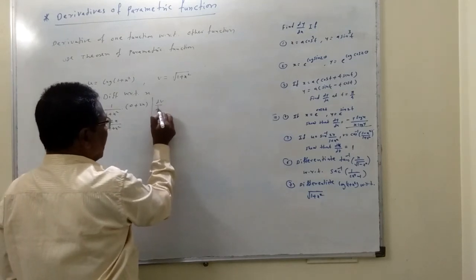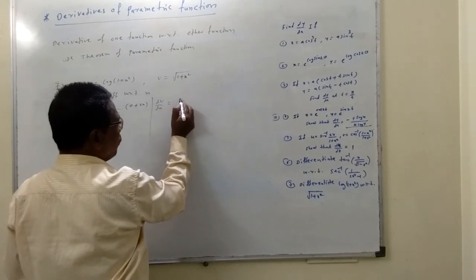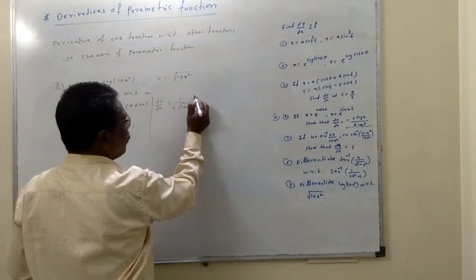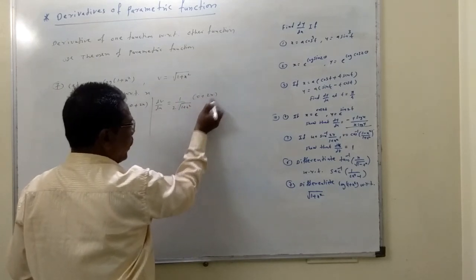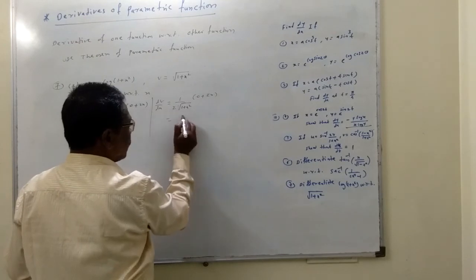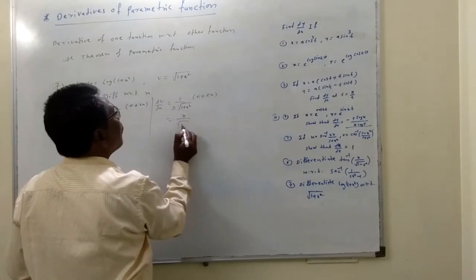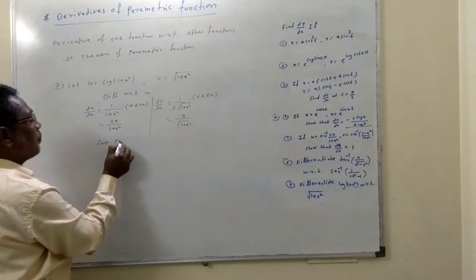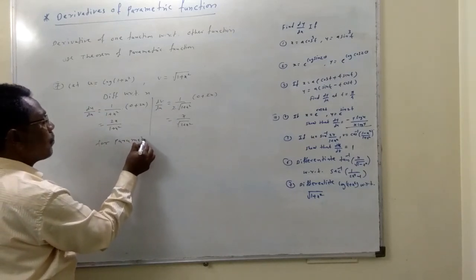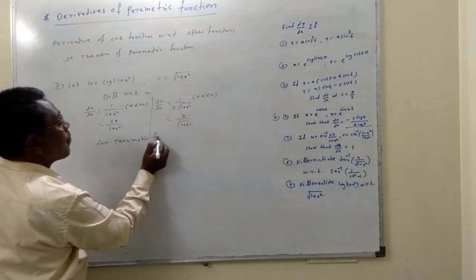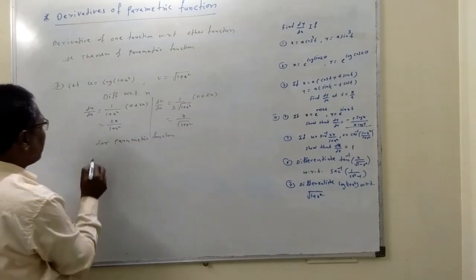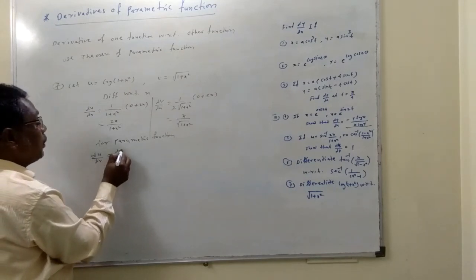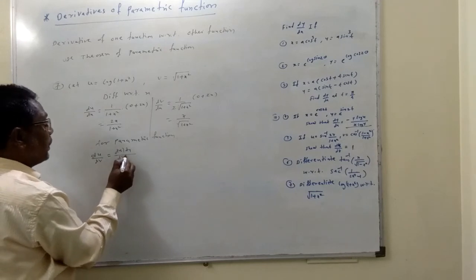dv upon dx is equal to the derivative of root, 1 upon 2 root 1 plus x square, into the derivative of 1 plus x square, which is 0 plus 2x. So 2 gets cancelled, so x upon under root 1 plus x square. For parametric functions, du upon dv is equal to du by dx divided by dv by dx.